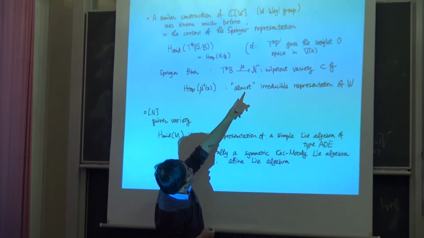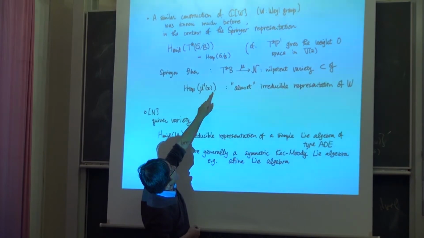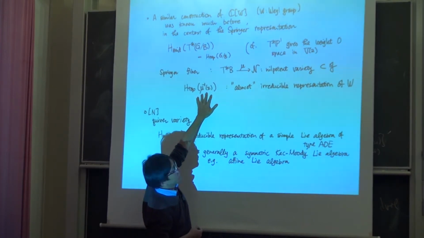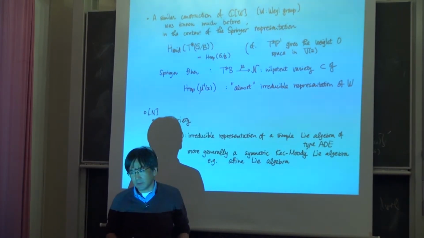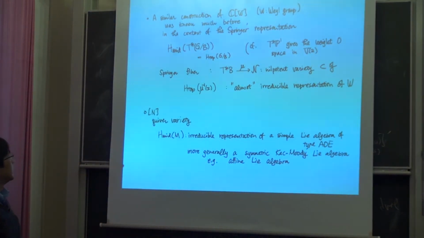Then you take a point in the nilpotent variety and consider its fiber. If x is 0, then the inverse image is just G/B. And considering more general fibers, you can construct all other irreducible representations. That is, in general, not one-dimensional, but higher dimensional.